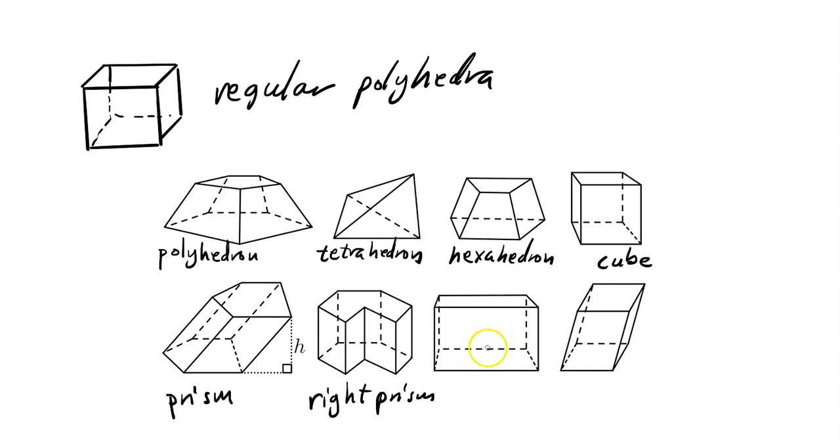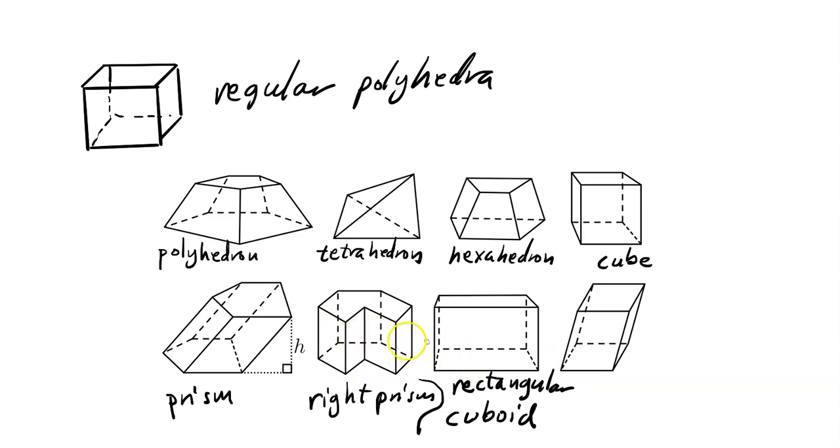And this example here shows a rectangular cuboid. It is the same as a right prism, but where the bases are rectangles.